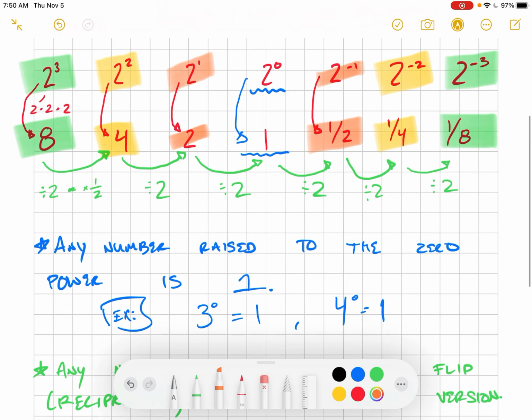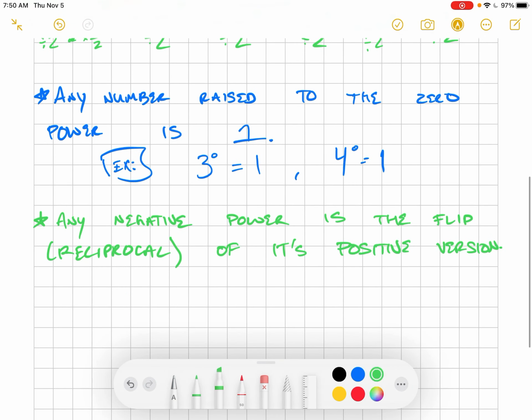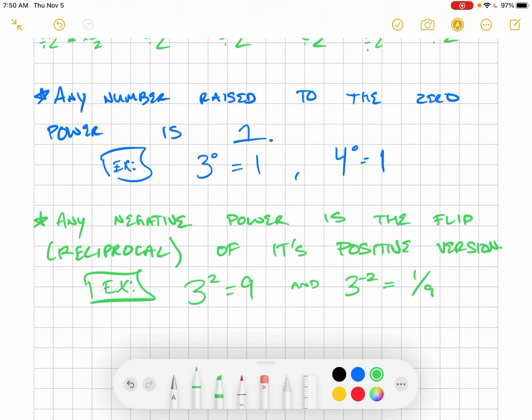All right, so these work. These work. So some other examples of this would be 3 to the second power is 9. And 3 to the negative second power is 1 over 9. Right? This 9 flipped, because another way to say 9 is 9 over 1.